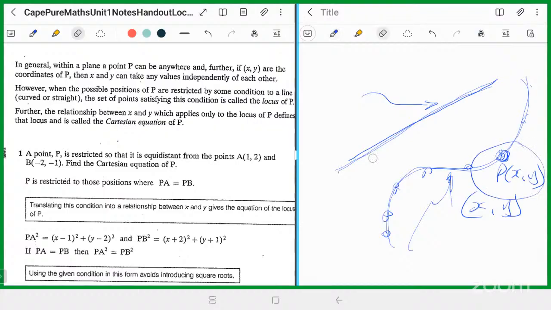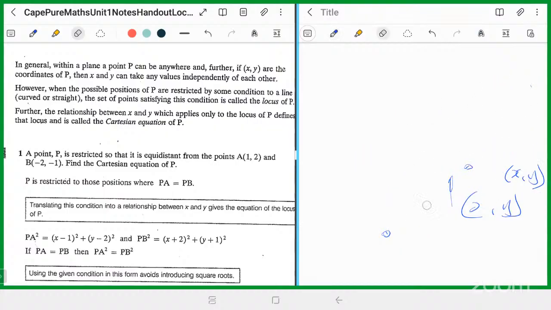Let me give you a simple example. A point P, which you always call (x, y), where x and y represent general points, all the points that the point is going to move on. So you call it (x, y) because it's not just one point.